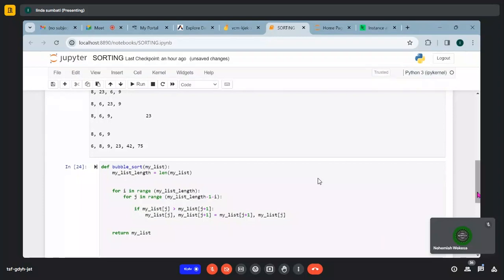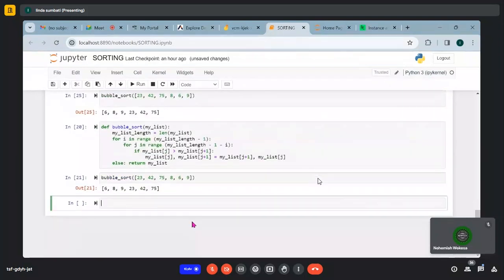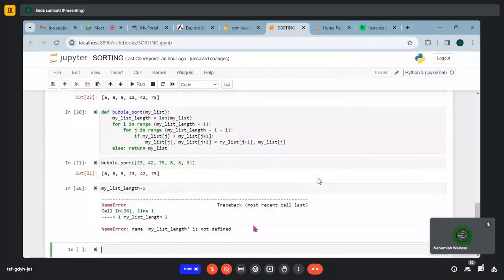Please, can you just, in a new code cell block, run my list length -1? Like that? Yes. It's not defined.